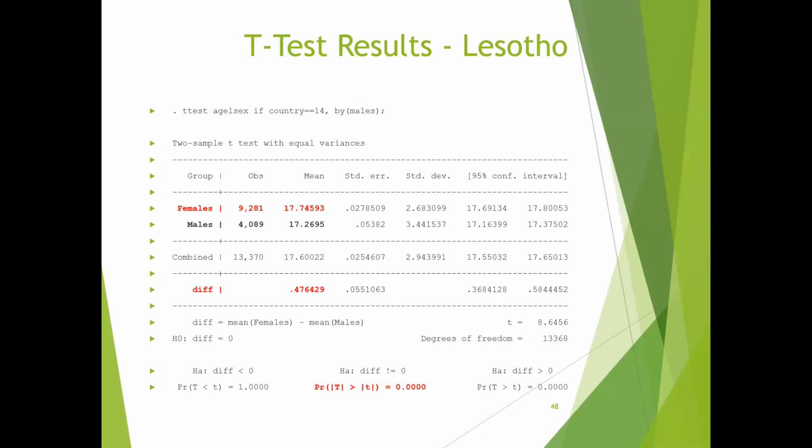Let's look at the row for females. It is the mean for females, 17.74. There's a confidence interval for that mean. The mean for males is 17.27.